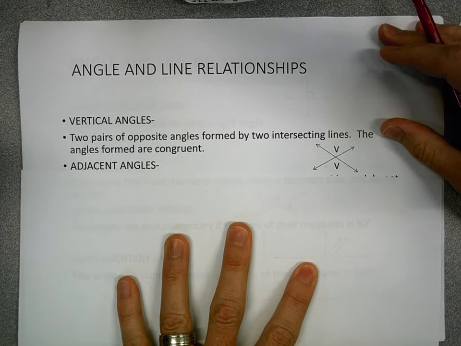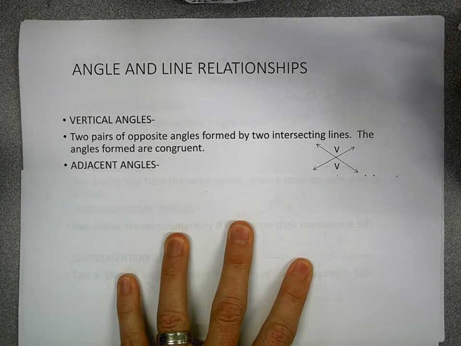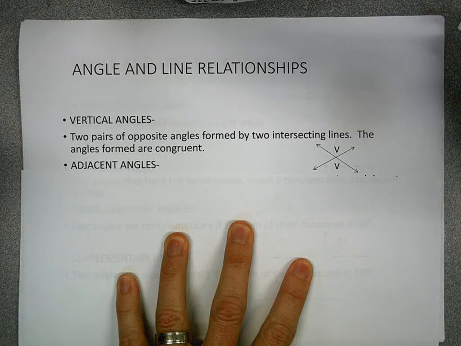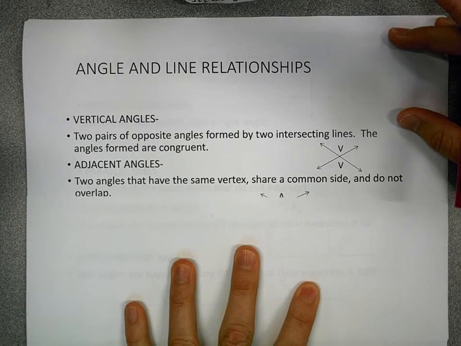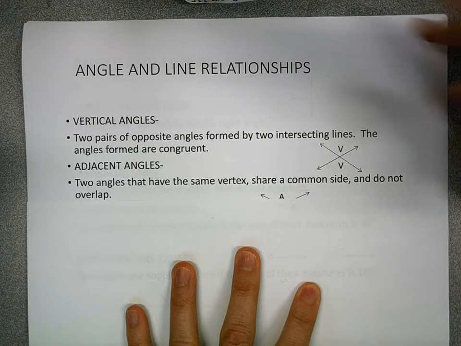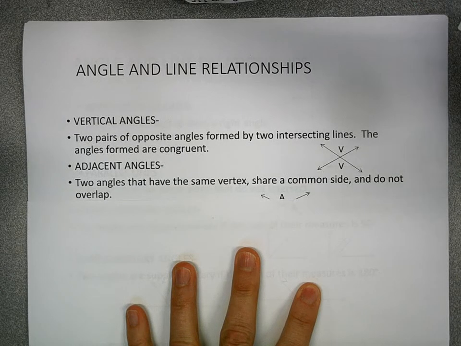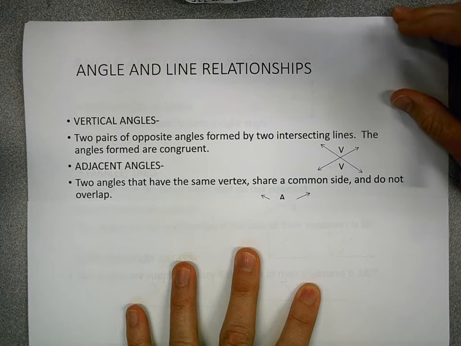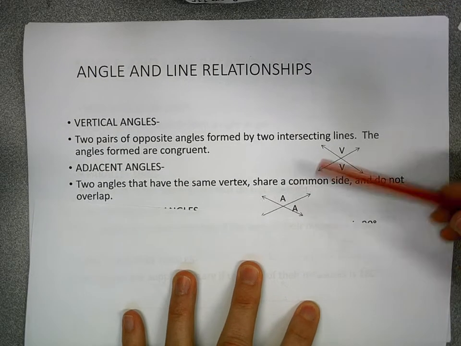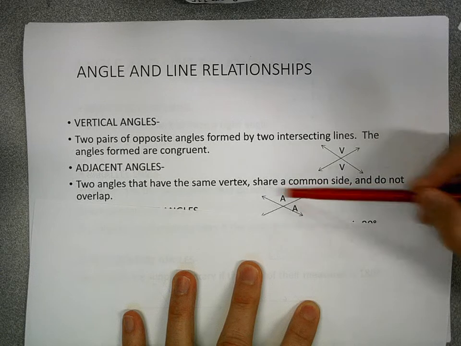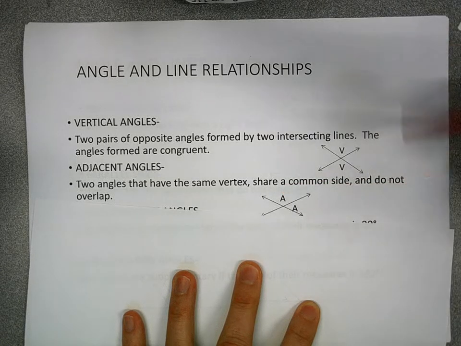All right, our next phrase is adjacent angles. Everyone? Okay, so here's what your book says it is. It says these are two angles that have the same vertex, share a common side, and do not overlap. So for example, if you take a look here, these two angles right here, you have two intersecting lines again.